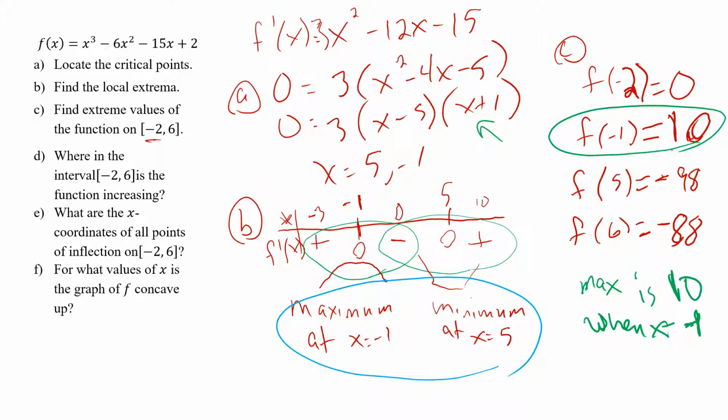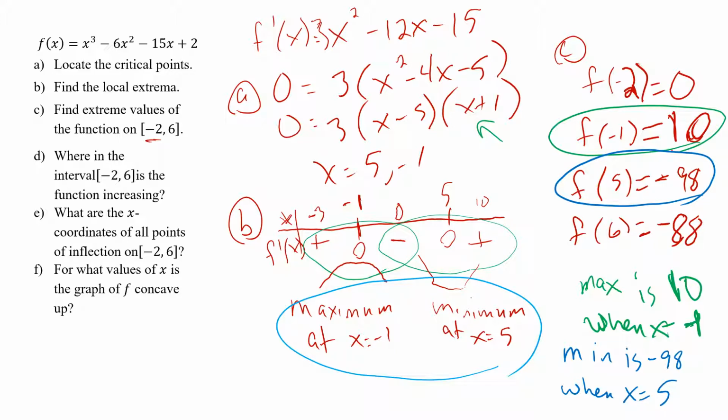The minimum, smallest number there is -98. So the minimum is -98 when x equals 5. So that's part C. So as we just plugged in those values, there's no calculus involved in that question.